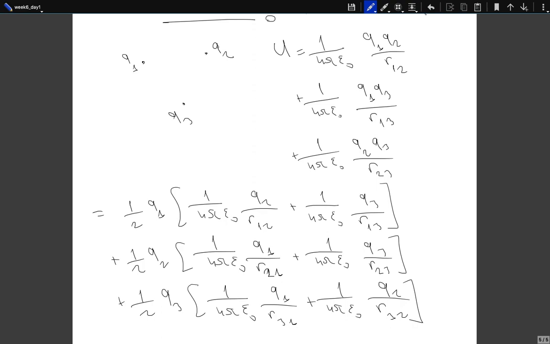If you look at this term, again, it is nothing but the potential created by Q1 and Q3, not Q2, at the position of Q2. And this one is the potential created at the position of Q3 by the other charges, Q1 and Q2.